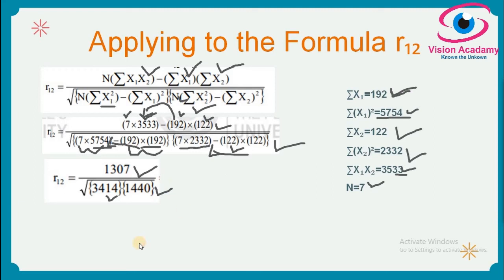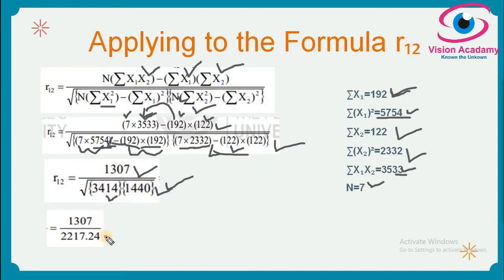So when I simplified this further, I got this value 1307 in the numerator. Firstly I will multiply 3414 into 1440. Thereafter I have taken the root of the obtained value after multiplication.